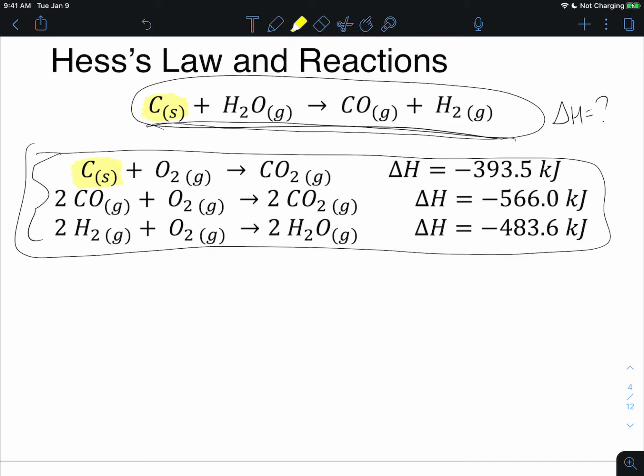So I can just use this equation as is. I'm going to write it down again, exactly as it's written before, because I don't need to manipulate this equation in any way to get it to reflect the equation above.